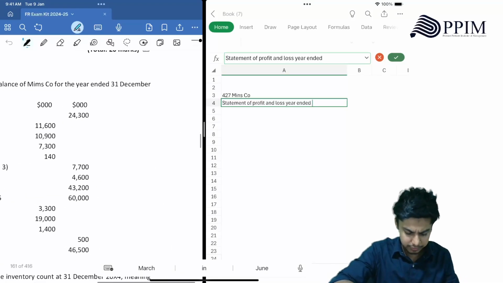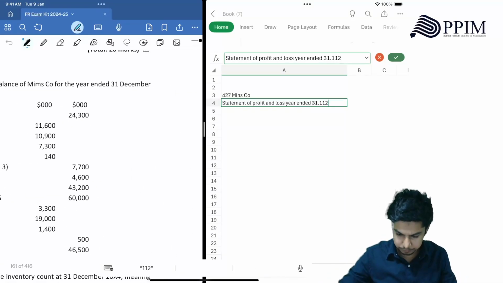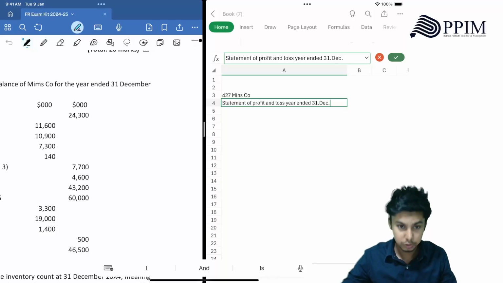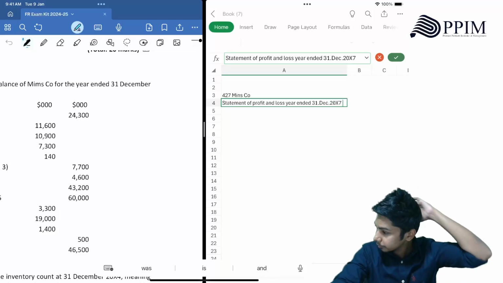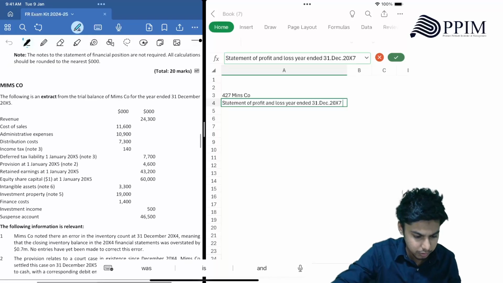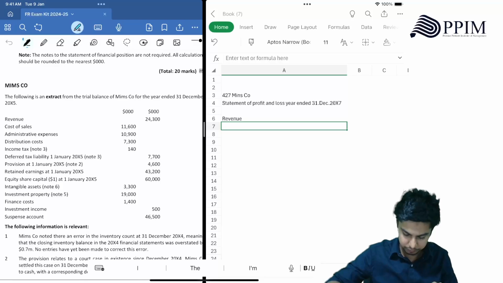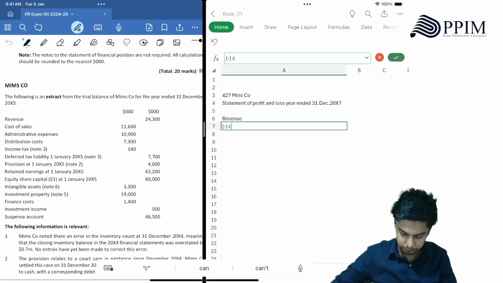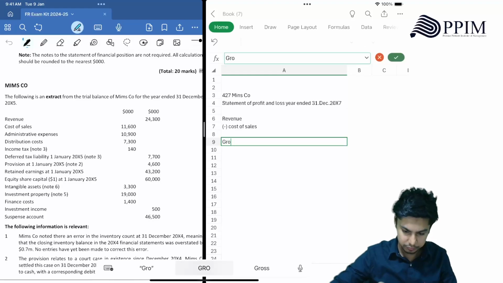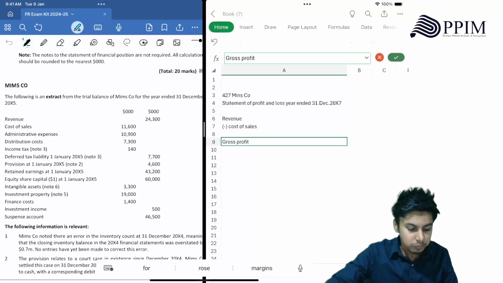Right. Year ended 31st of December 2007. So in this one we have revenue, minus cost of sales, then we have gross profit.